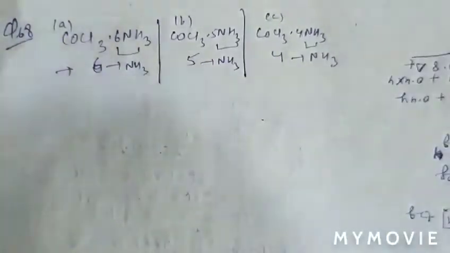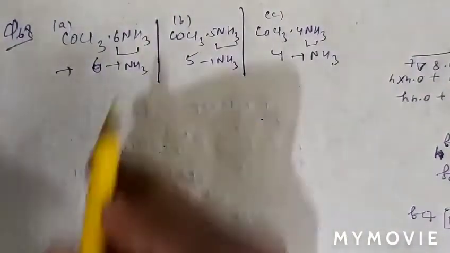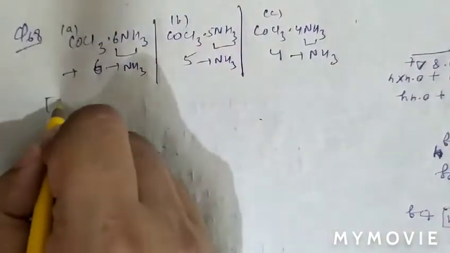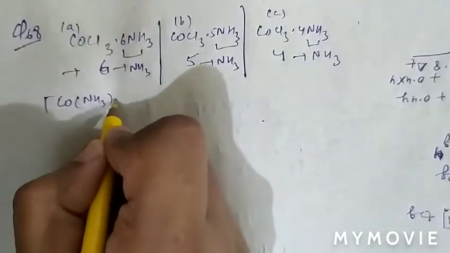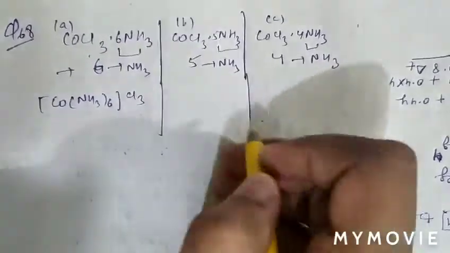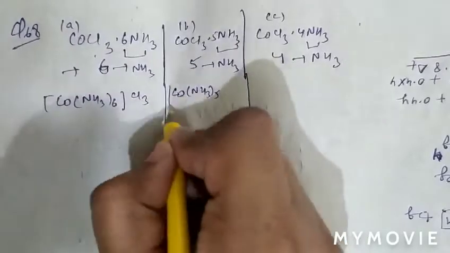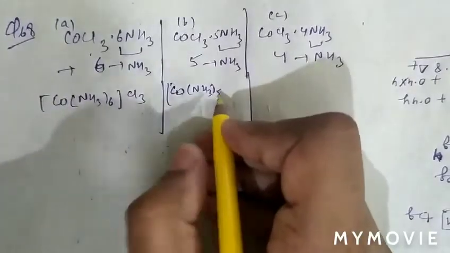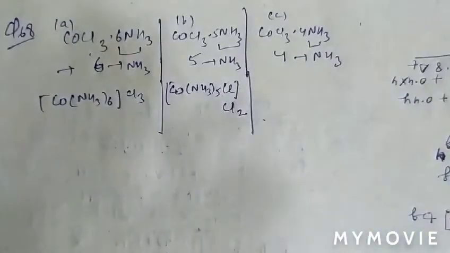So we can see that when 6 valencies are there inside the coordination complex, then 3 Cl will be outside, and when only 5 are there, it means 1 Cl will be inside, it means 2 Cl will be outside.